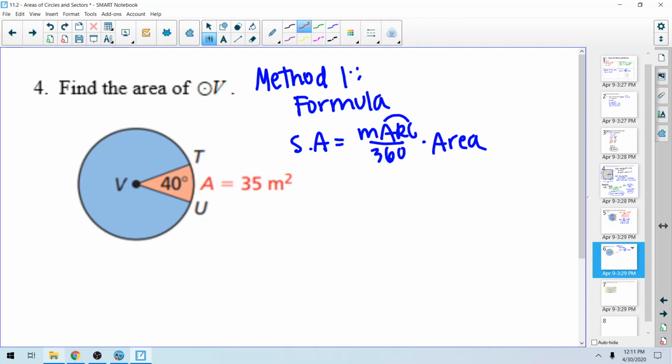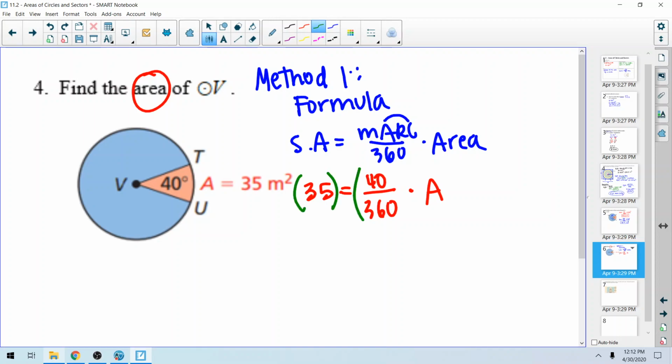Well, they gave us the sector area is 35. They gave us the measure of the arc that corresponds with that, which is 40 out of 360 times the area of the circle, which is what we're trying to find. So if I'm going to solve that, I'm going to multiply both sides by the reciprocal, which is 360 over 40. I should have made my parenthesis bigger here.